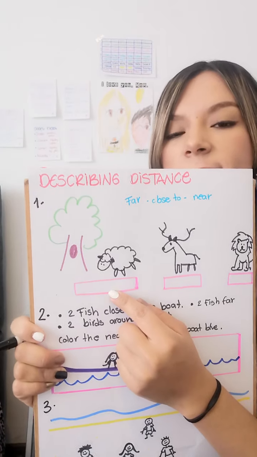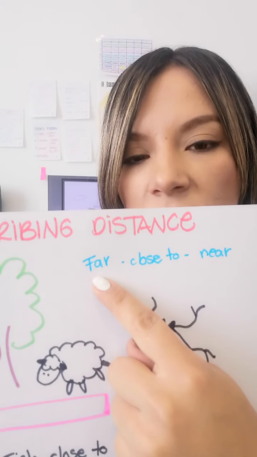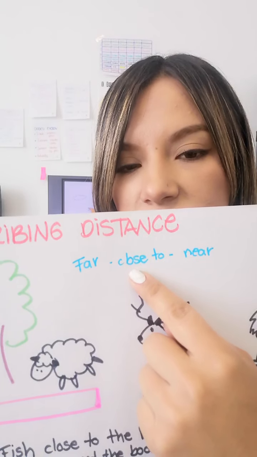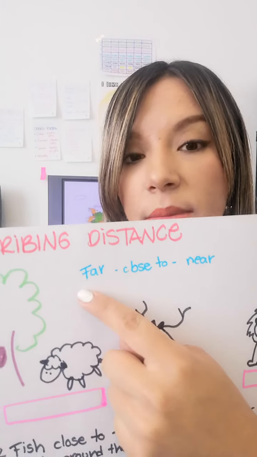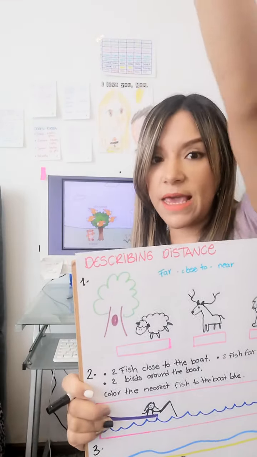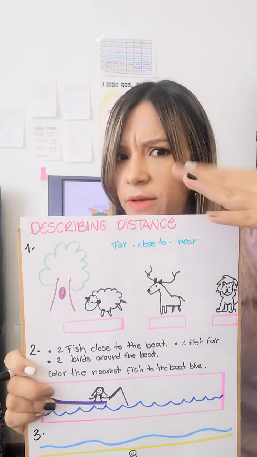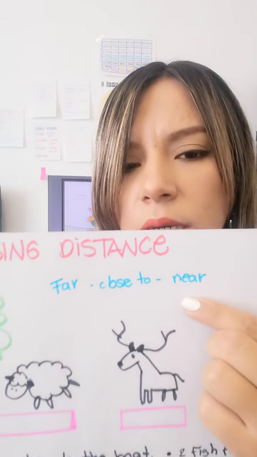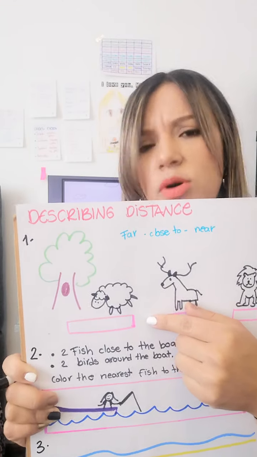So in the first one, we have three options. The first option is far, the second option is close to, and the last option is near. Remember, far, lejísimos. Close to, relativamente cerca. Near, muy cerca.